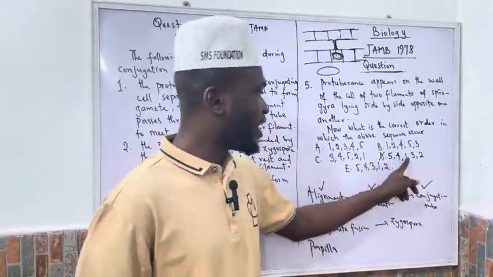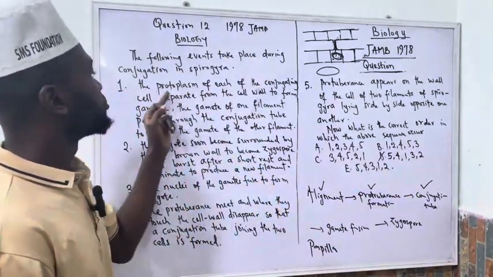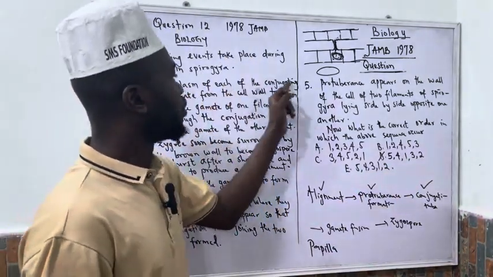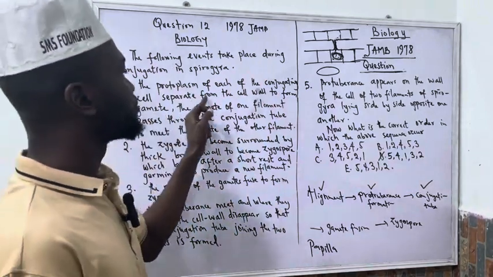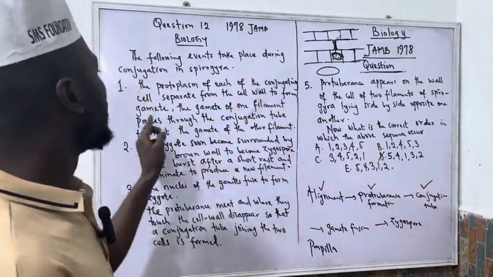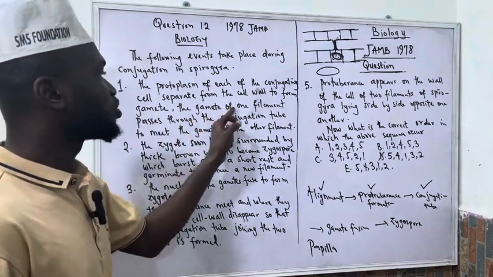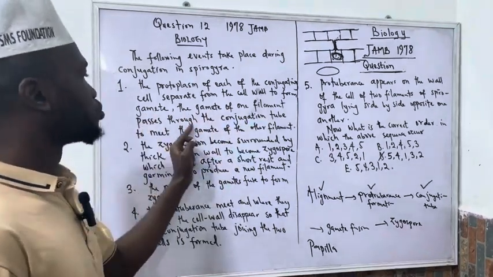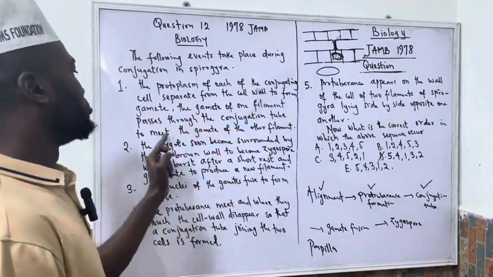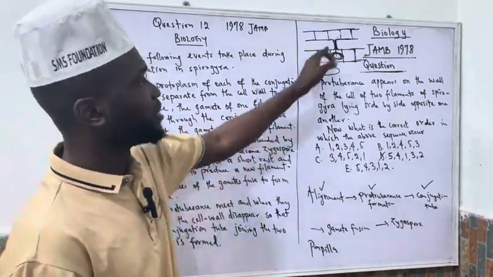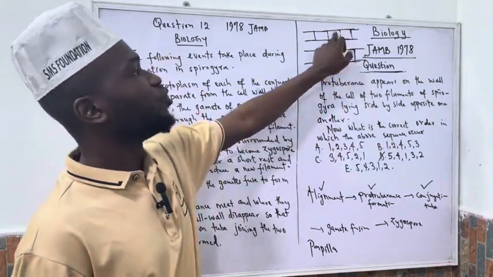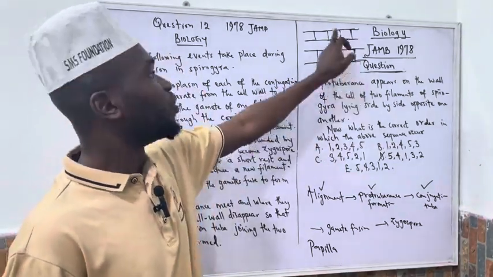If you go to 1, it says the protoplasm of each of the conjugating cells separates from the cell wall to form gametes. The gamete of one filament passes through the conjugation tube to meet the gamete of the other filament. I have explained that the one on top will come to the one at the bottom.